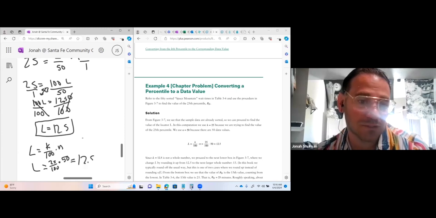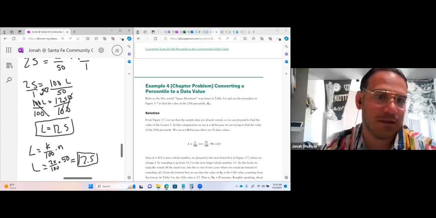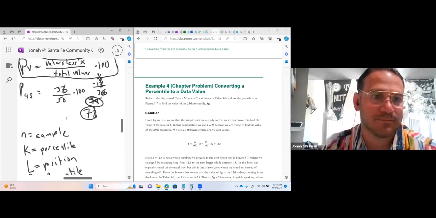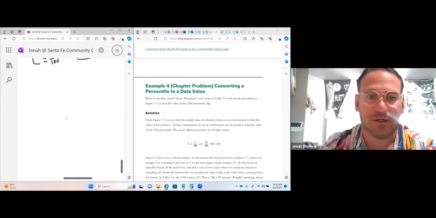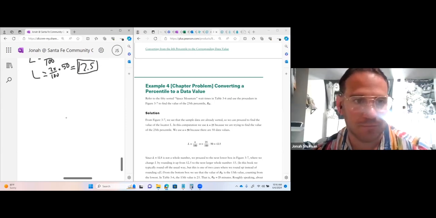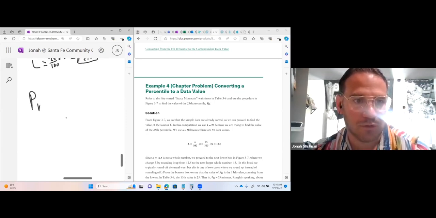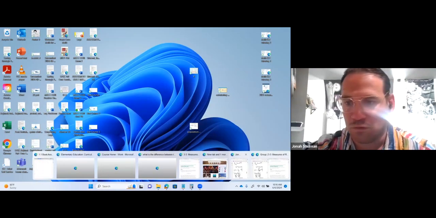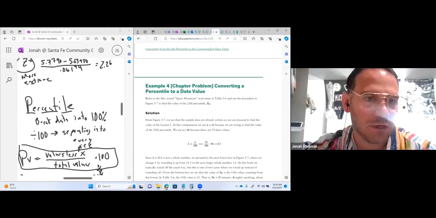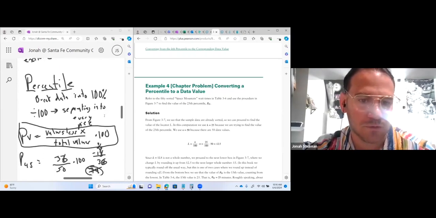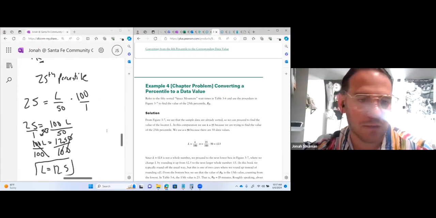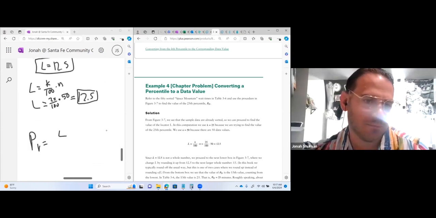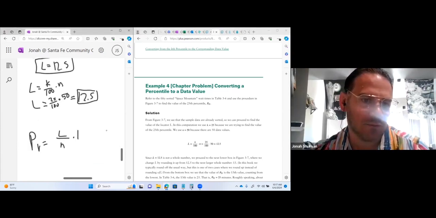I just always like to use the same formula over and over again. Like if they give us this formula, here, I'll write it again. This was their formula. Their PV, and I'll use the letters they want. Instead of X, they wanted L for location, over the total values, N, times 100.